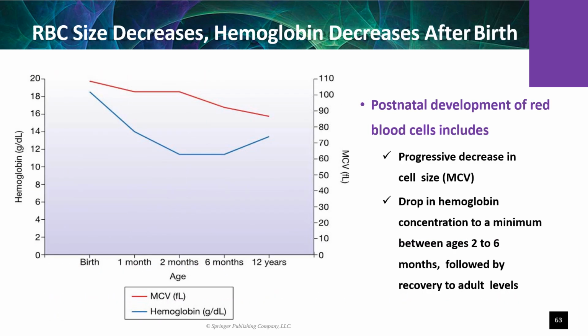At birth, both MCV and hemoglobin concentration are higher than normal adult levels. The mean cell value gradually decreases during childhood, with hemoglobin rapidly reaching a nadir within the first 6 months, then recovering by the teen years.